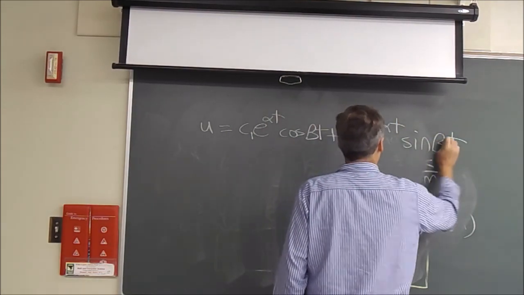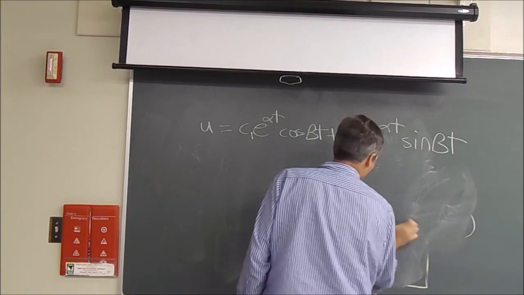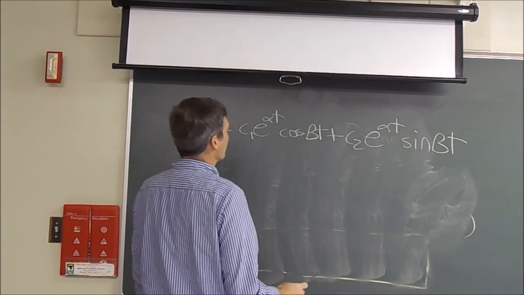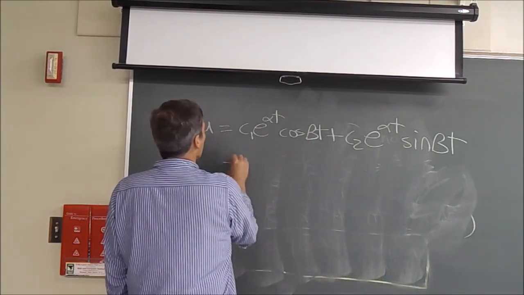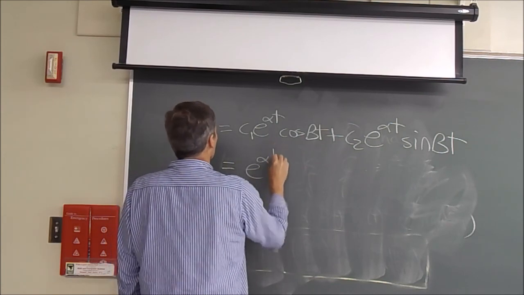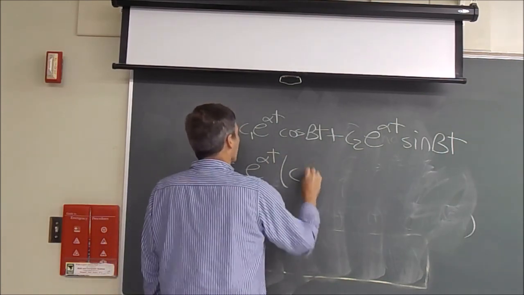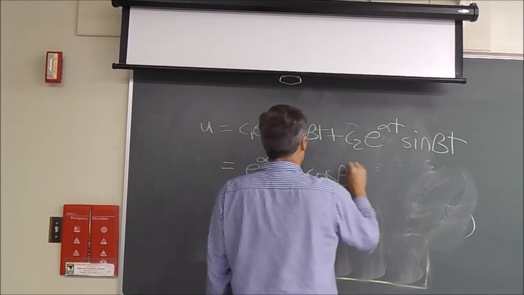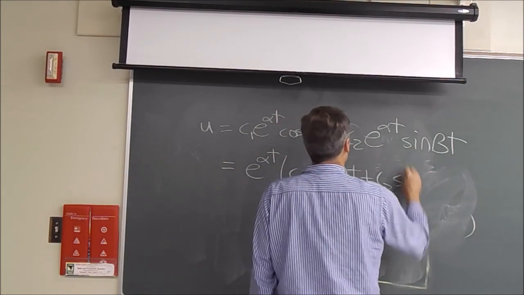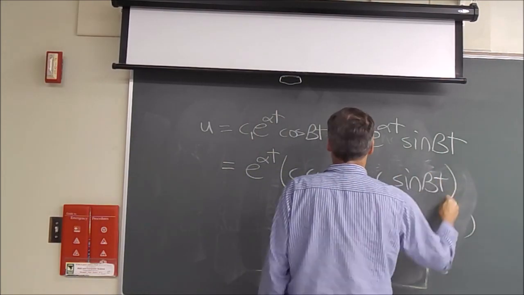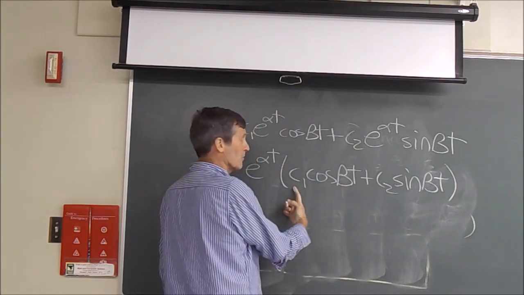This is the general solution for the damped mass on the spring, or the LRC circuit. What you do now is factor out e to the alpha t times C1 cosine beta t plus C2 sine beta t, and recognize that this is what we had from the harmonic oscillator.